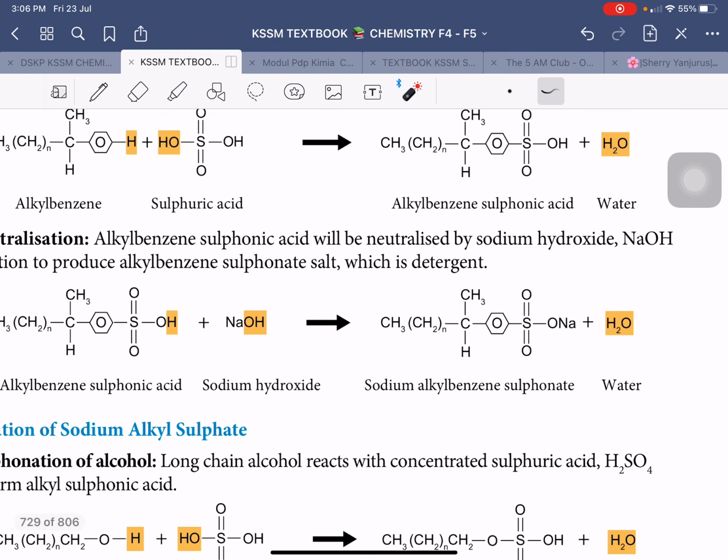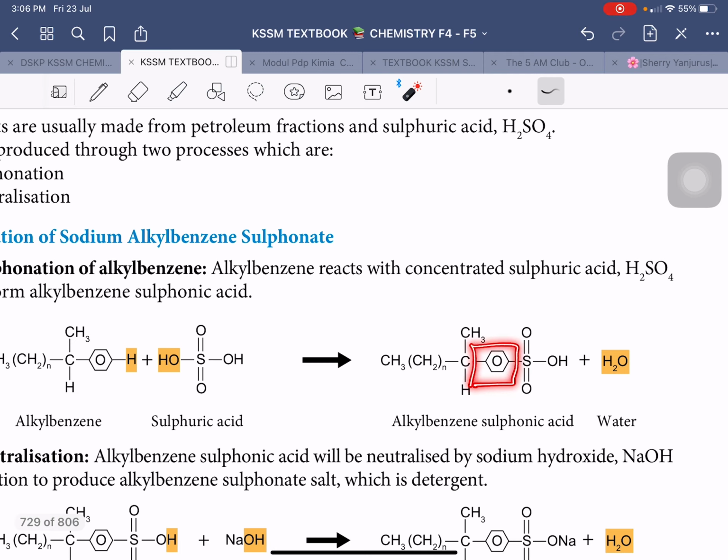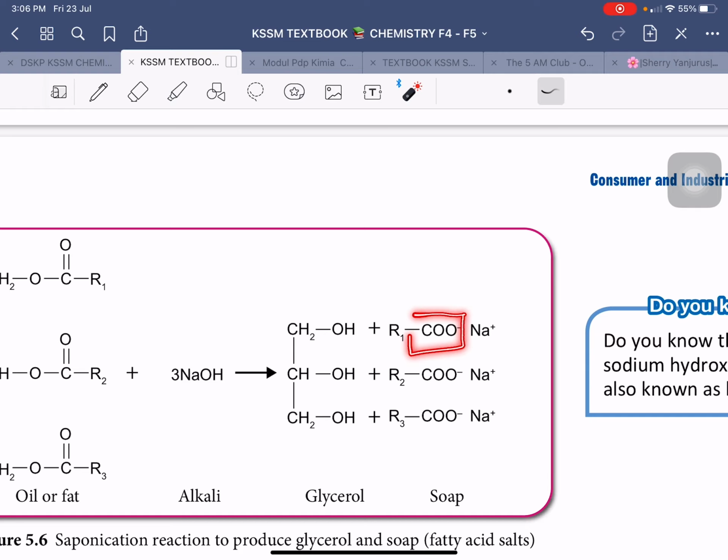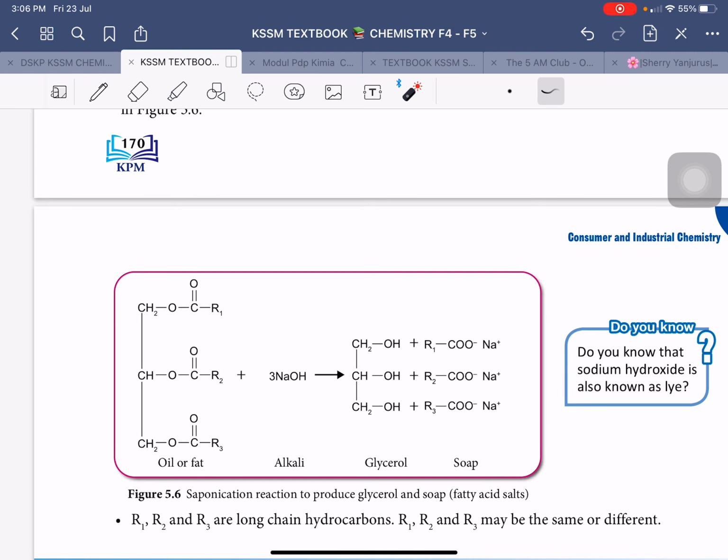And then if you see a benzene ring together with the alkyl sulfonic acid, that one is also detergent. What is soap? Soap is when you see the molecular structure containing COO. Okay, so that is the difference between the molecular structure for soap and also detergent.